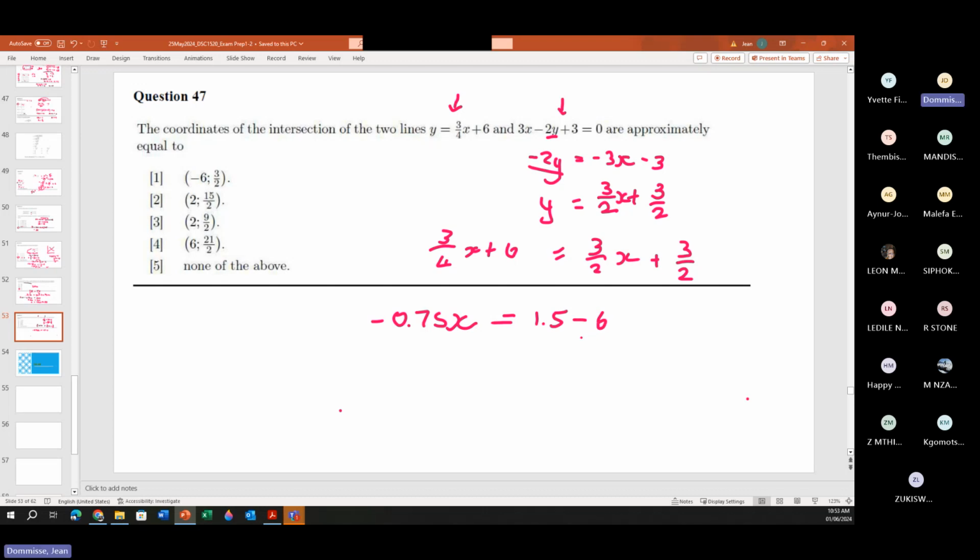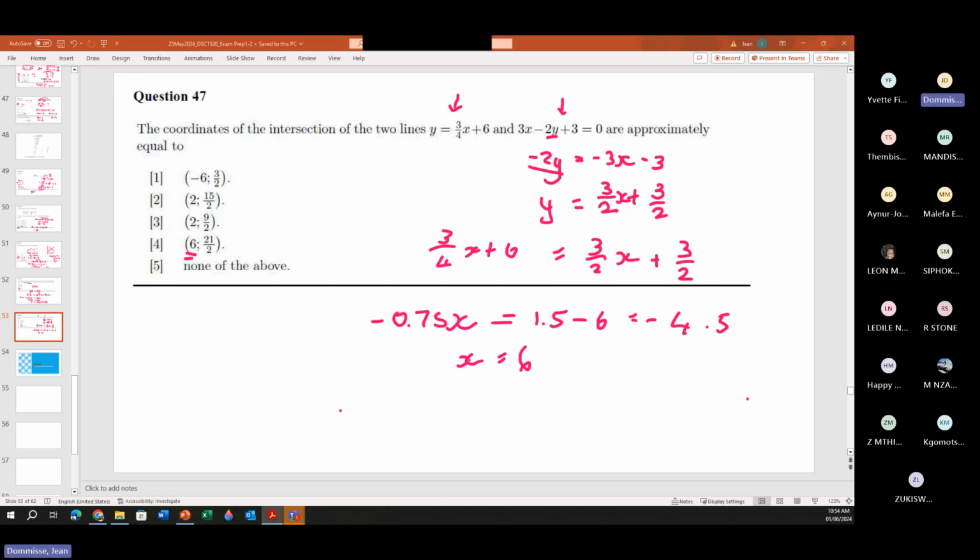So that's 1.5 minus 6 is minus 4.5. So we have then x is equal to minus 4.5 divided by minus 0.75, which gives us x is equal to 6. So x is equal to 6.